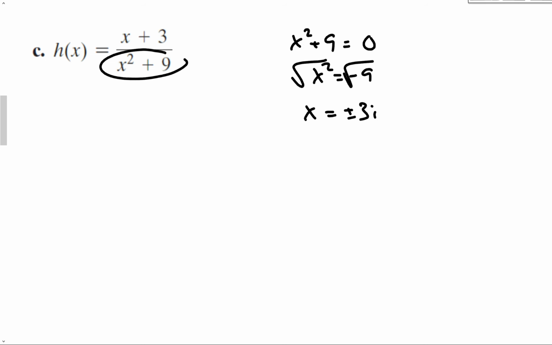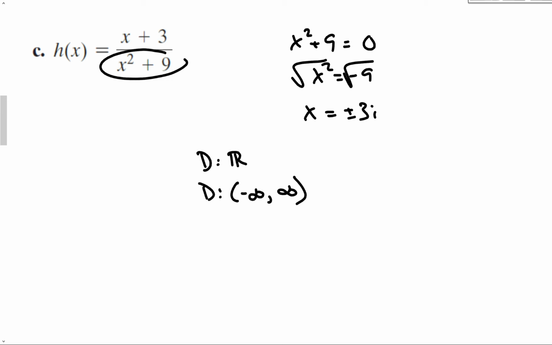Okay, well, because this is imaginary numbers, because there is no real number that makes the denominator equal to 0, this function is defined for all real numbers. So the domain here is all real numbers, or the domain here is from negative infinity to positive infinity.